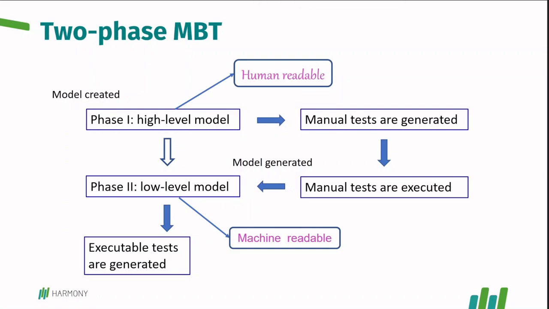From the manual test cases, the tester can execute the test, and during the execution, a low-level model is generated that is machine readable, and we go back to the traditional model when everything is machine readable. And from this model, we can generate any test automation code, and we can execute the test cases.